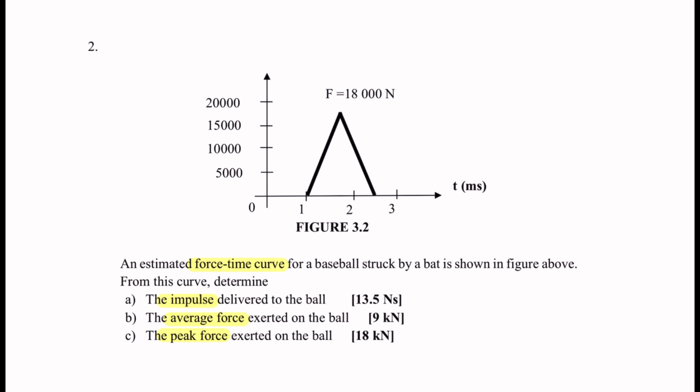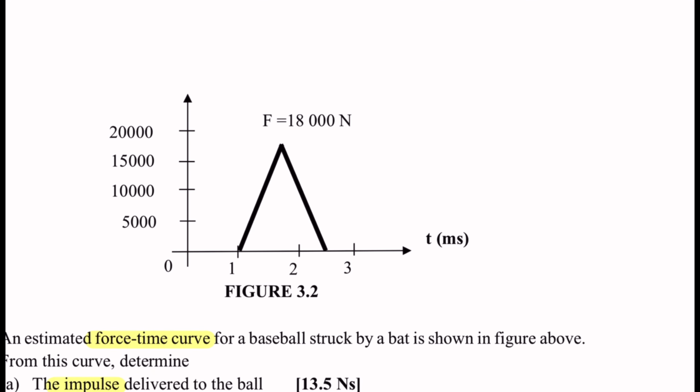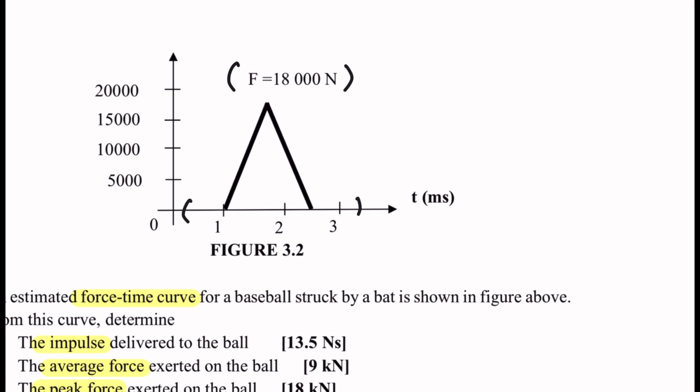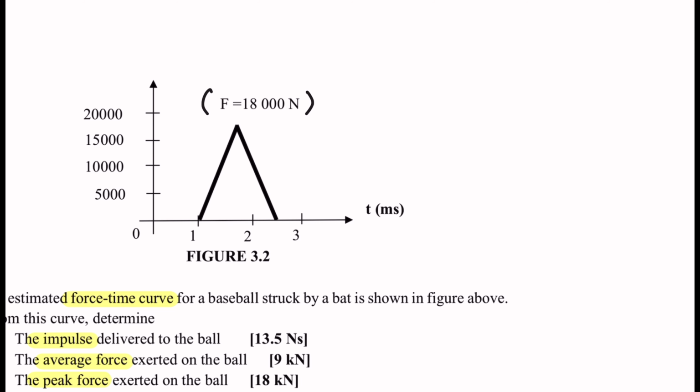Okay, so before we start doing the question, we need to list out all the information given. So here we have force, and we are also given the time. Let's write here.